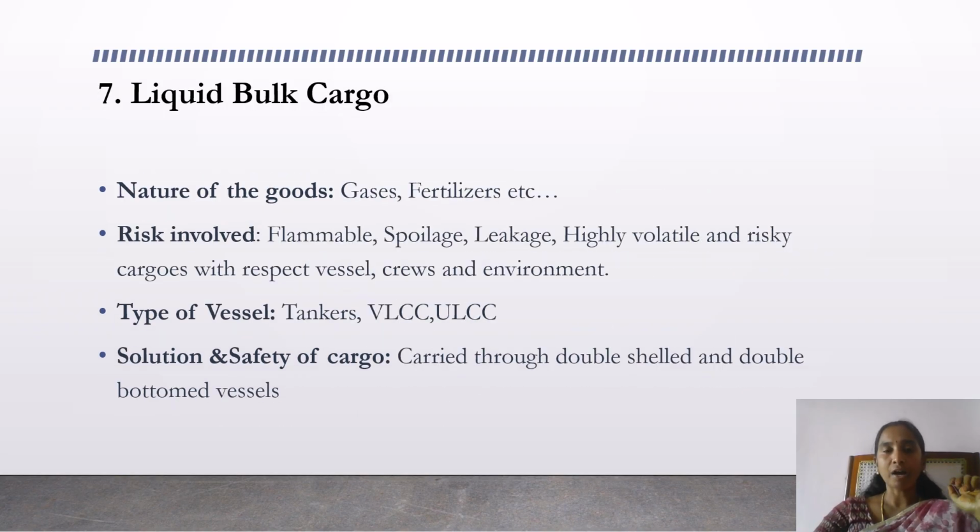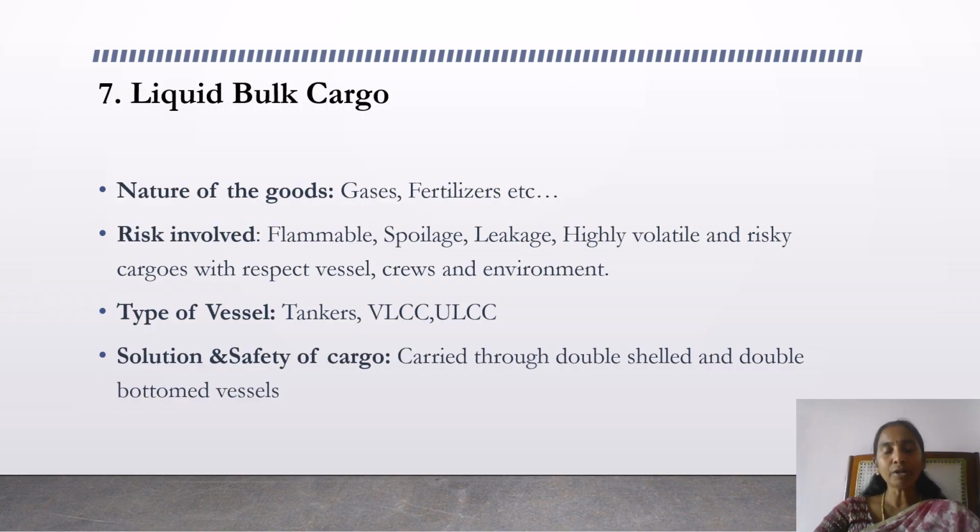And the seventh kind of cargo is liquid bulk cargo. So we all know that it is liquid form of cargo carried in bulk, right? So what is this? It is in the form of gas. It is in the form of fertilizers, etc. All this is carried in a liquid form. Even petrols, crude oils, all this is liquid cargo. So always these liquid cargoes are carried in bulk form.